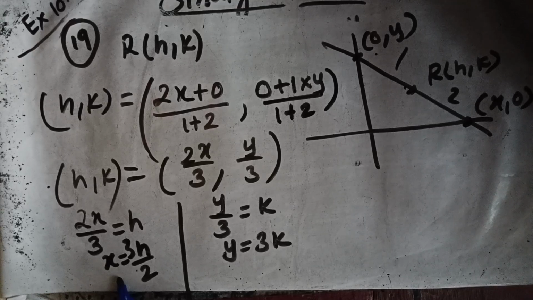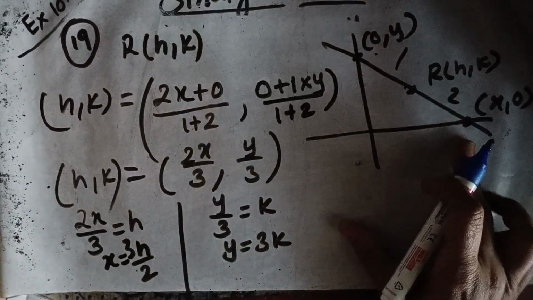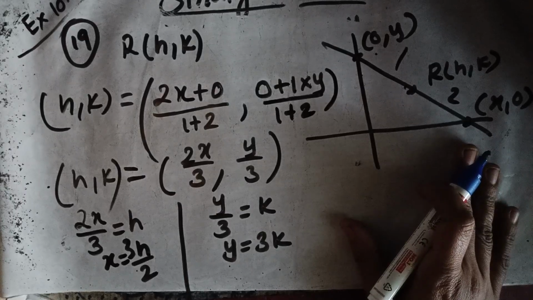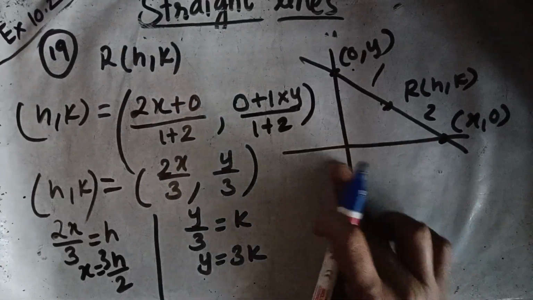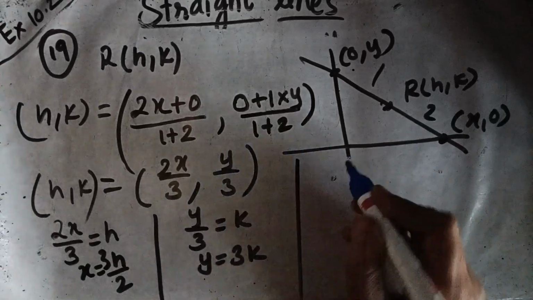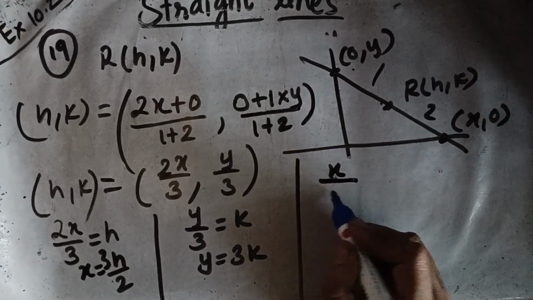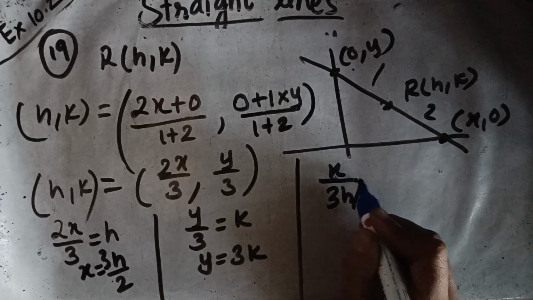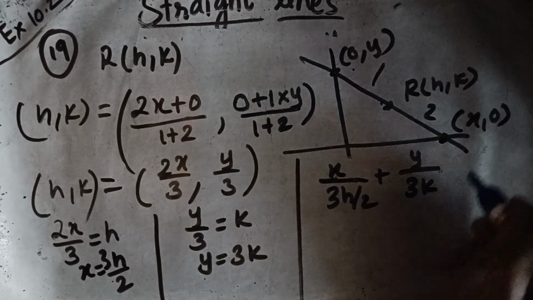Now can use 2-point form because we have this point and this point. Okay. Or we can use the intercept form. So I'll use intercept form. Okay. X upon a is our 3h upon 2, y upon 3k equal to 1.